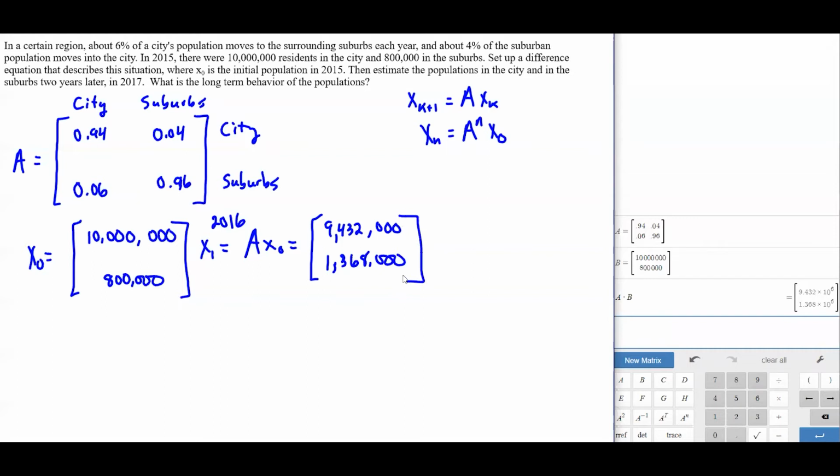Okay. And then if we wanted to find the population in 2017, we would need to multiply X1 by A, which is the same as multiplying A twice, or A squared times the initial vector.